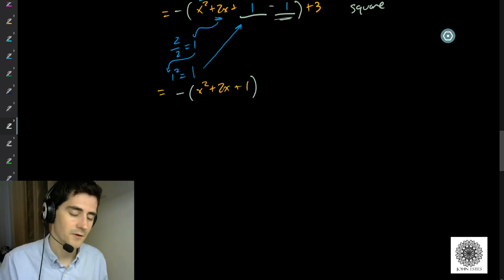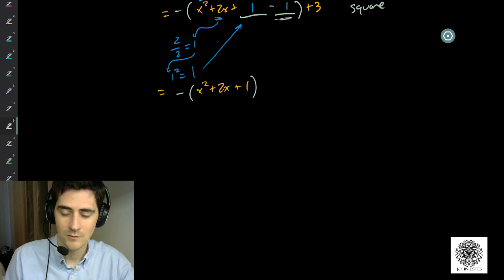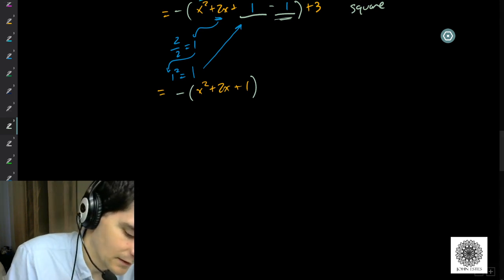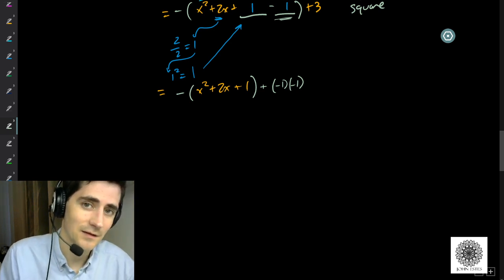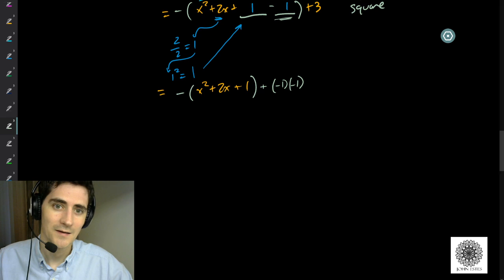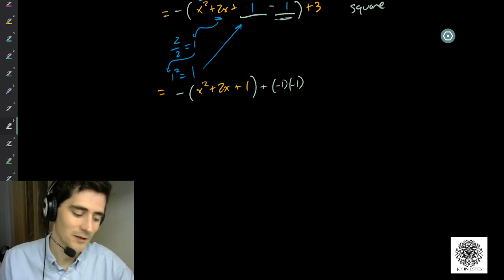So anything here is being multiplied by this negative in front. So this is not really a negative 1. This is a negative 1 times negative 1. This is positive 1, right? So I'll write it like this. Negative 1 times negative 1, right? Because don't forget, this negative out front means negative 1 times everything inside. So when I took it out, it's like I had to apply the taxes to it. The taxes was multiplying it by negative 1.